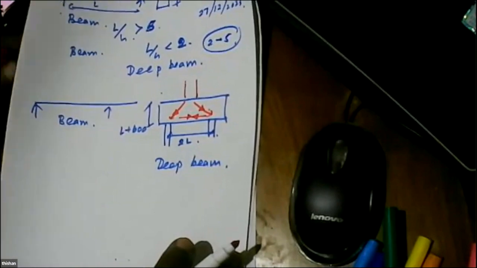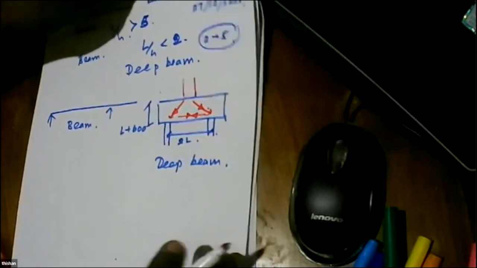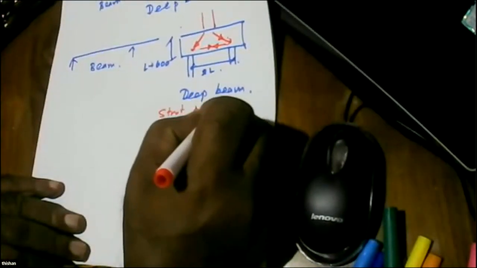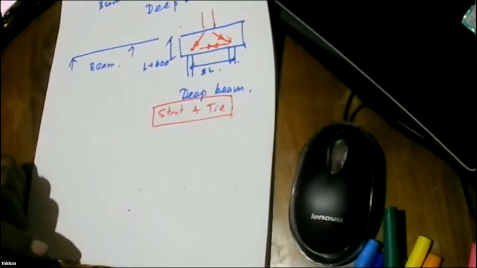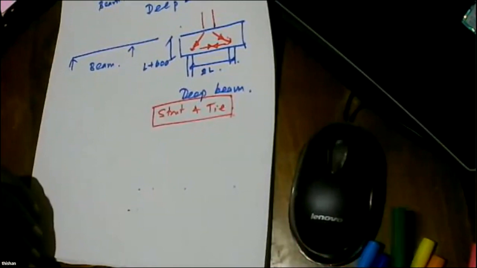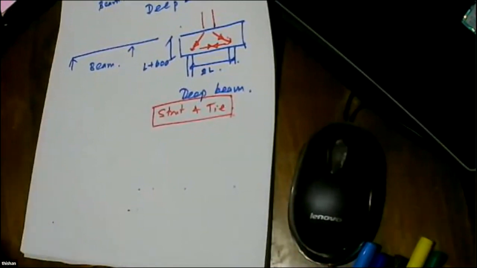So we call it a deep beam. And what is applicable is strut and tie. So design has to be based on strut and tie. If you are interested, I have already shared it. Is that right, Bandhuka? There was a note on the strut and tie method.